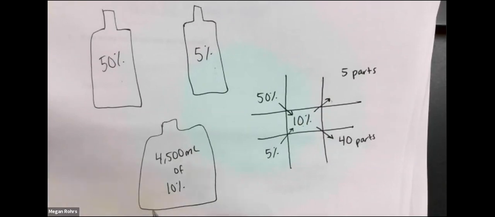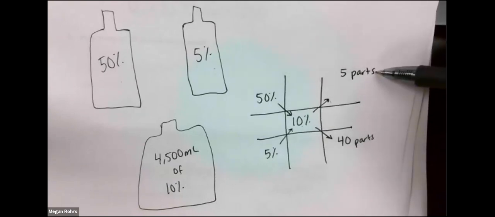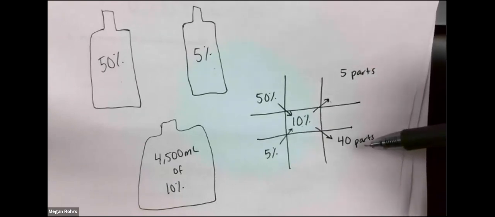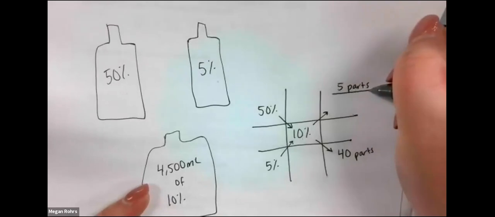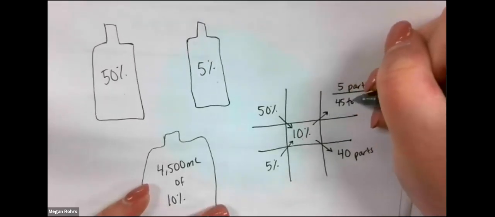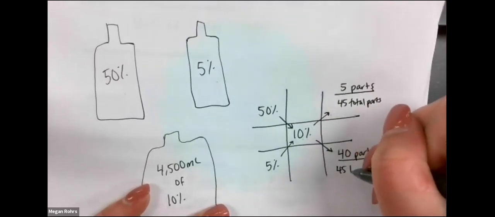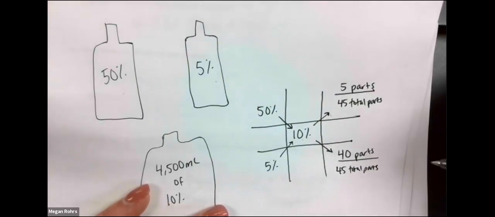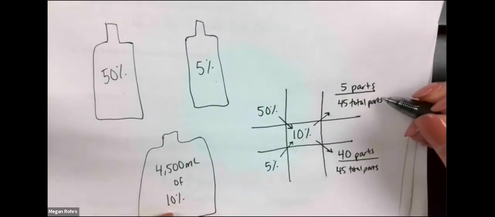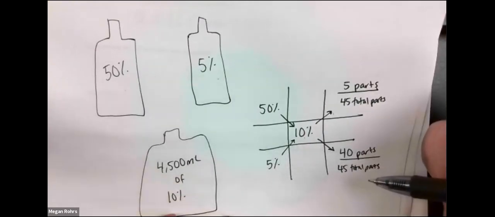So the next step is to find out how many total parts we have. Well, 5 plus 40 would be 45 total parts. So we're going to put each of these over the 45 total parts. And then we're going to multiply each of these by the total volume that we are solving for here.